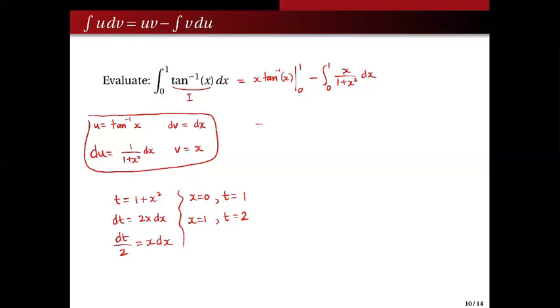So in here, I will have x tangent inverse of x from 0 to 1 minus the integral. Lower limit of integration, that's 0. So the corresponding value is 1 for the variable t. Upper limit of integration, that's 1. The corresponding value for the variable t is 2.